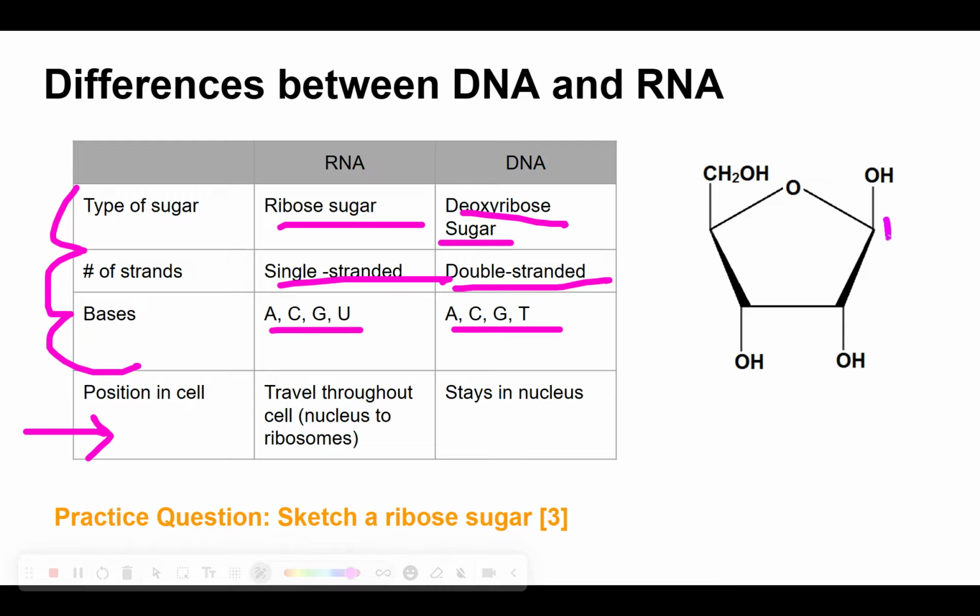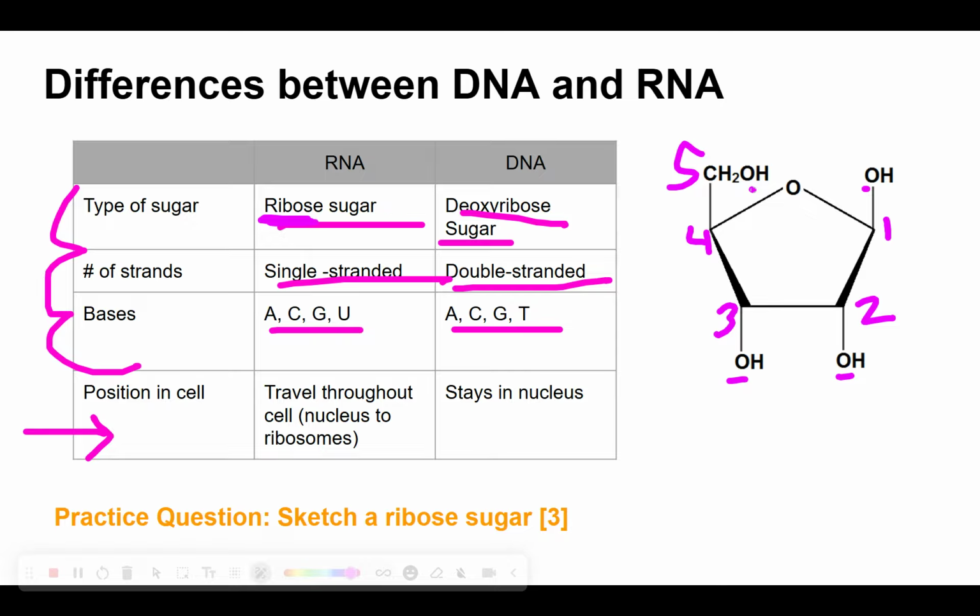All right, I'm going to label, hopefully a little bit more clearly here, these 5 carbons that are in this ribose sugar, or in this pentose sugar, this 5-sided sugar. If the sugar is ribose, like in RNA, that means that it is fully oxygenated. Like there is a bunch of oxygen in all of these different carbon positions.